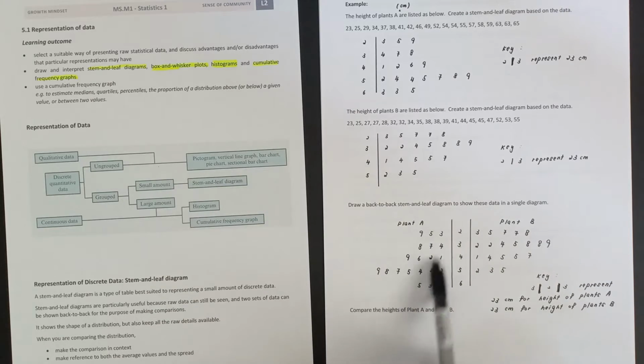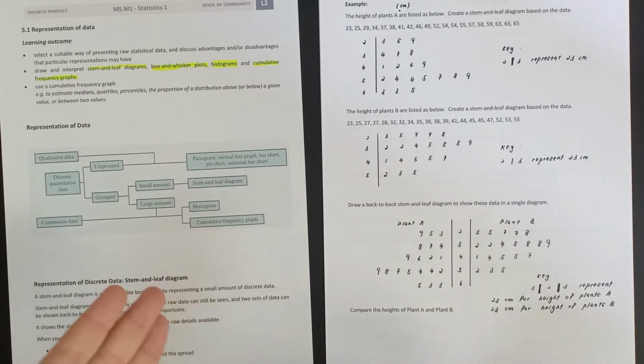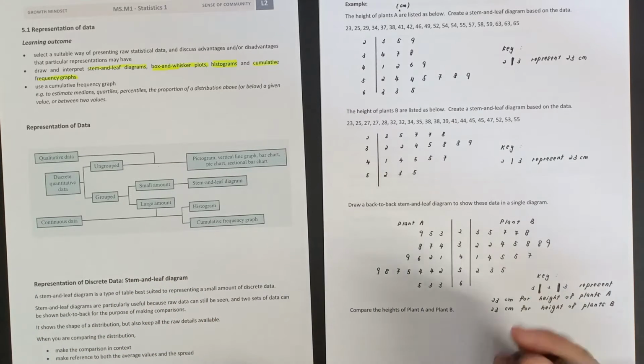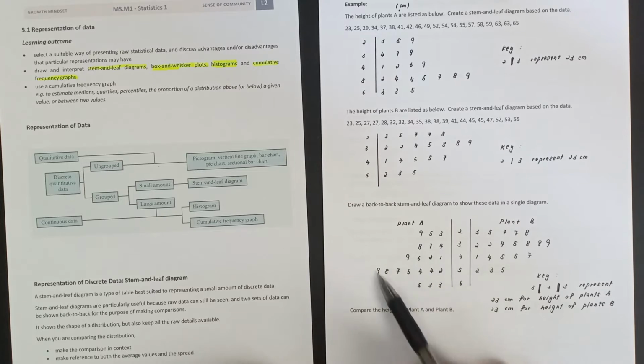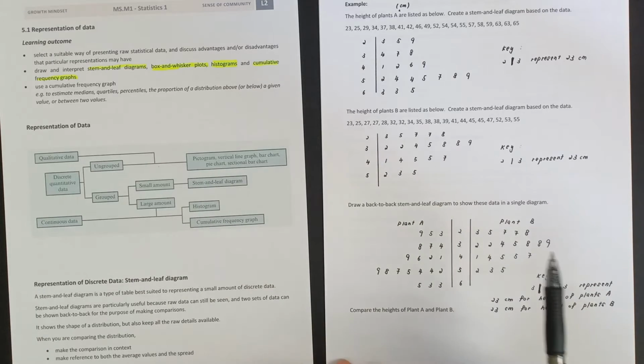Which plant is taller than the other? You can see the mode is here, the mode is here. So when you compare in average, overall plant A has a taller height compared to plant B.